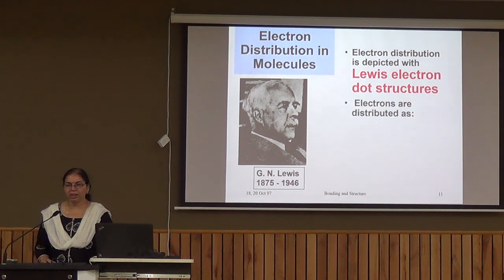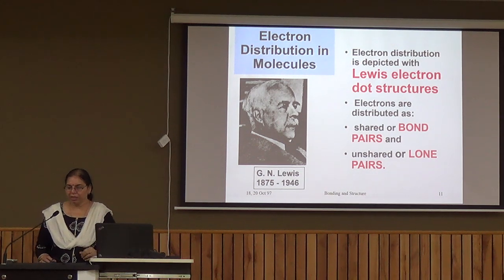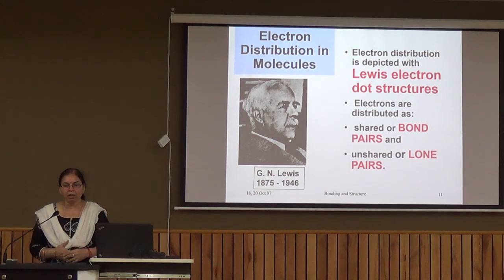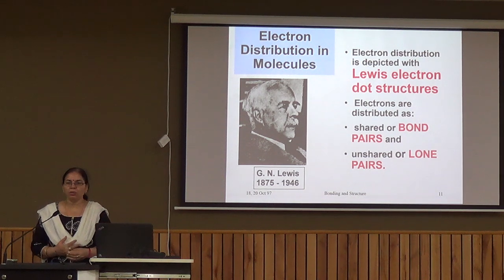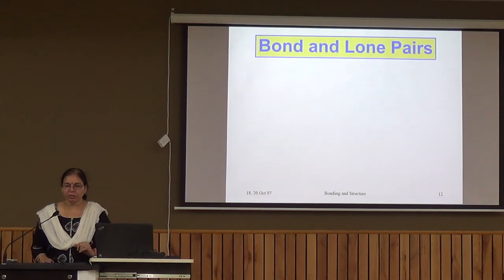Electrons are distributed as shared or bond pairs and unshared or lone pairs. The electrons which are participating in the bond are called shared pairs or bond pairs, and the electrons which are non-participating and present in groups of two electrons are called lone pairs of electrons.